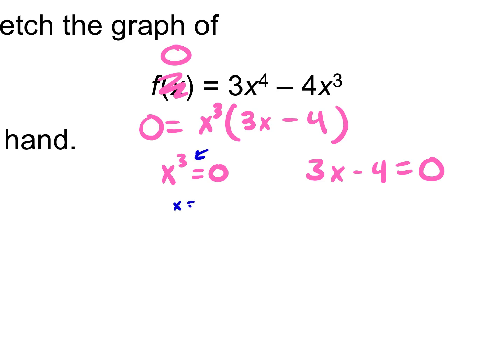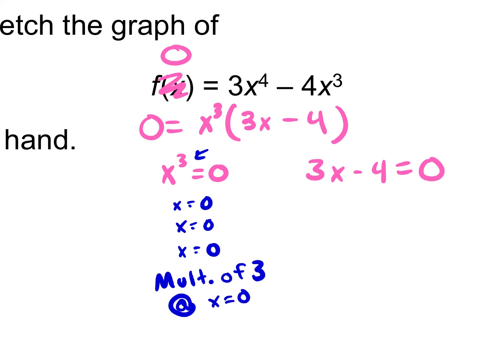So this means I have one x that's 0, another x that's 0, and another x that's 0. So I would have multiplicity here. Multiplicity of 3, because I have 3 of them, at x equals 0.